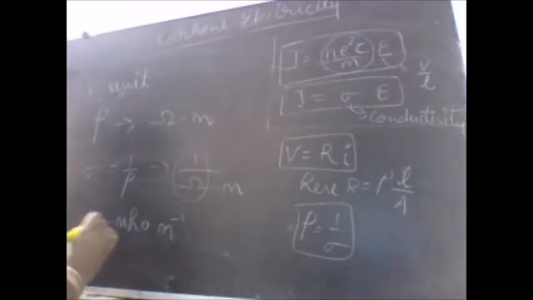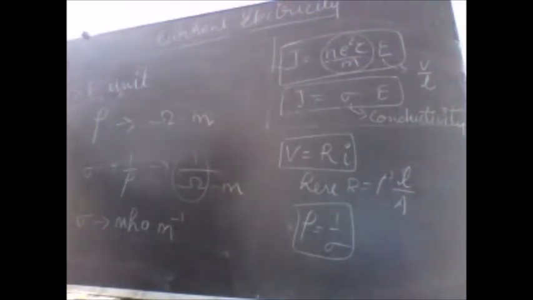So the SI unit of conductivity sigma is mho per meter. Mho, you can check the spelling, is just the reciprocal of ohm, and this is the way we define it. The SI unit for sigma is mho per meter.